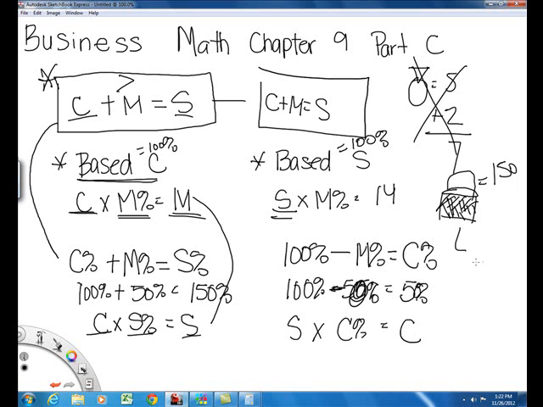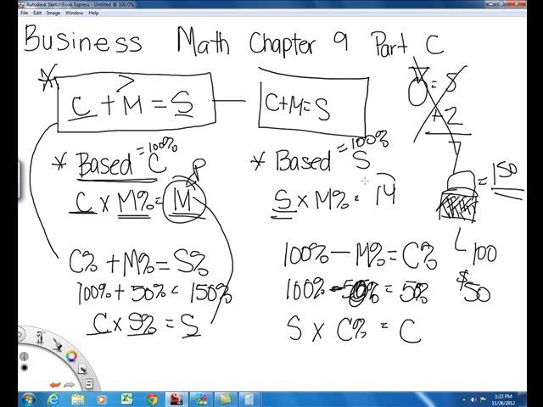And then you may get it for $100, because that would mean that $50 is your mark on amount, but you're actually starting with the 150 and working backwards. So over here, when it's based on cost, that M or that mark on amount represents your profit.